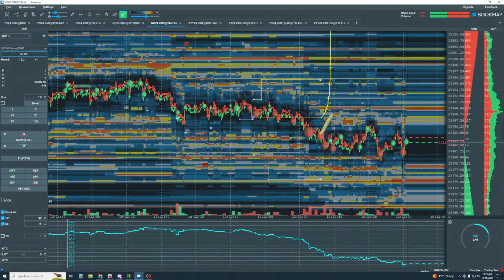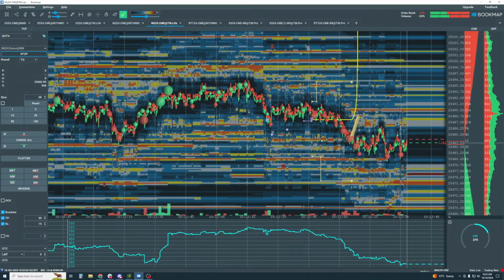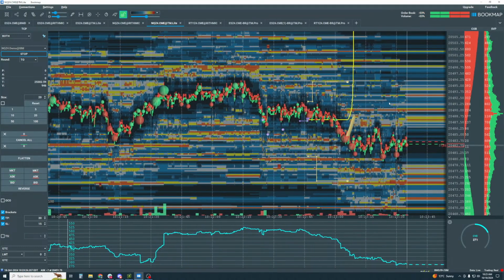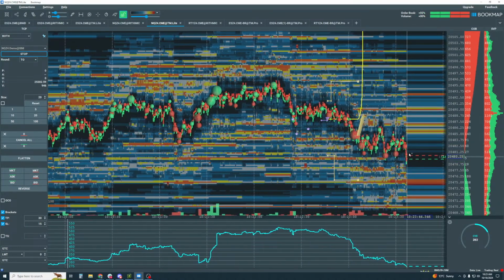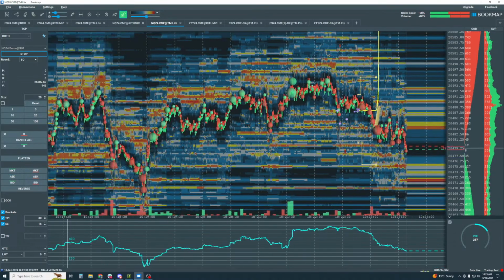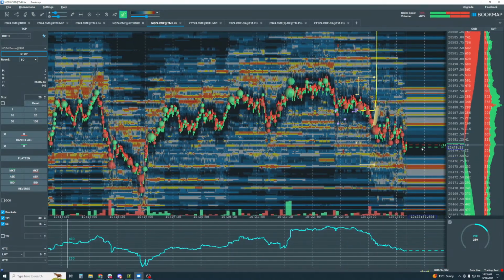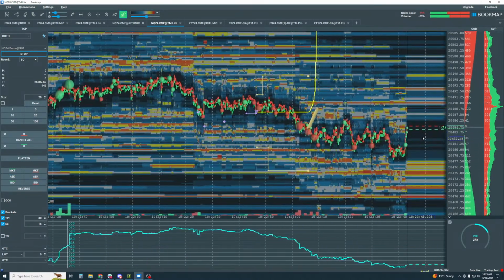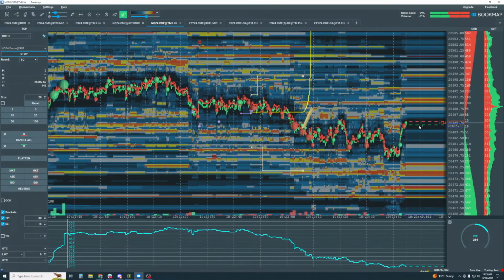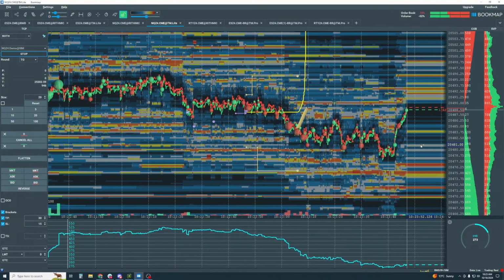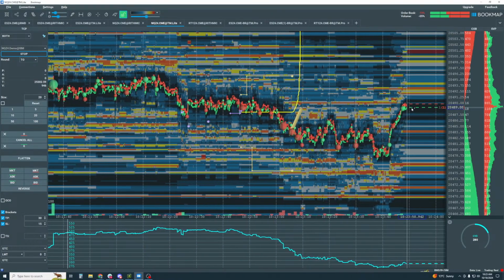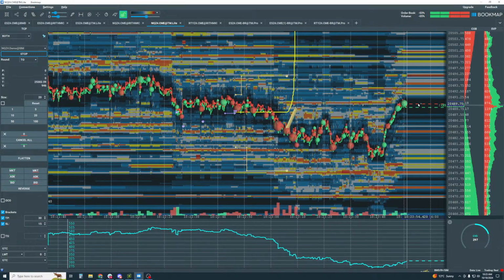Maybe we use 20 lots, and we do multiple positions in here. So we look for an opportunity. Here comes some buyers, top of the range, back up to where it dropped from.